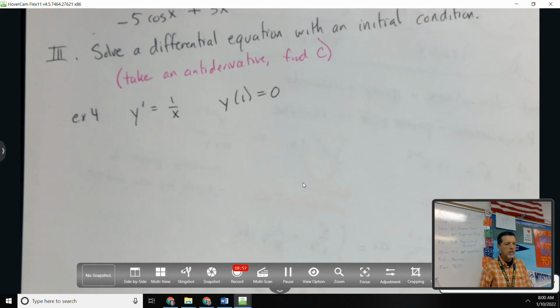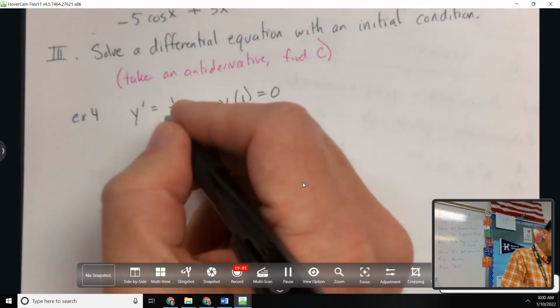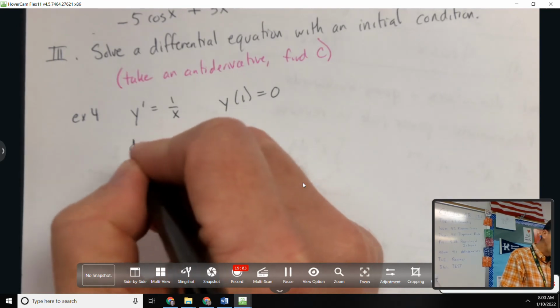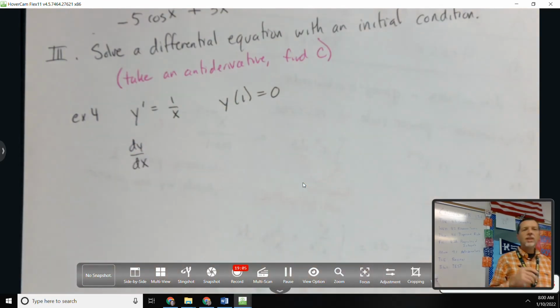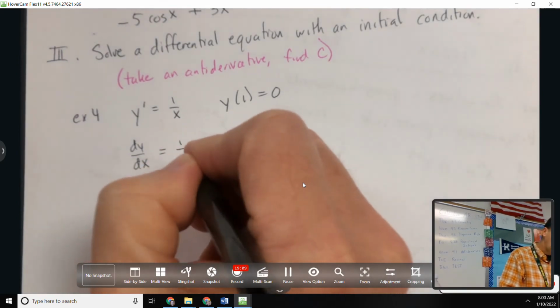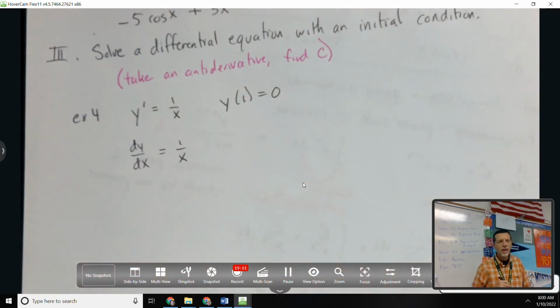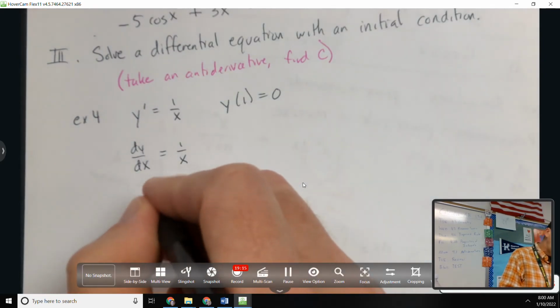The y prime, that's, again, some people are fine with that. Other people want to write it as dy dx. But I need to underivatize that. In fact, I'll just go through the formal steps, even though a lot of times you won't do this.